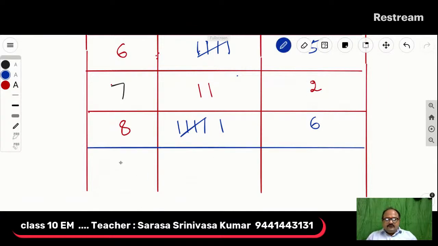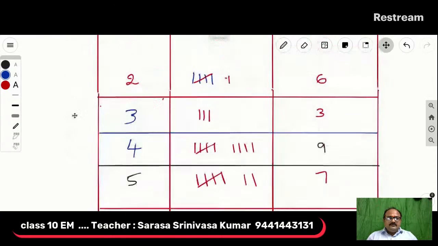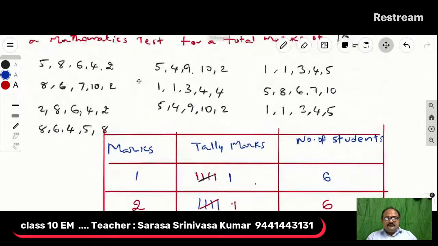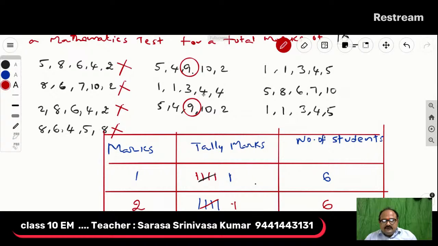Next we note down 9 marks. Tally marks will be noted down here. Let us observe the number of students who got 9 marks. Here no student, no student, no student got 9 marks. Here is one student and a second student.